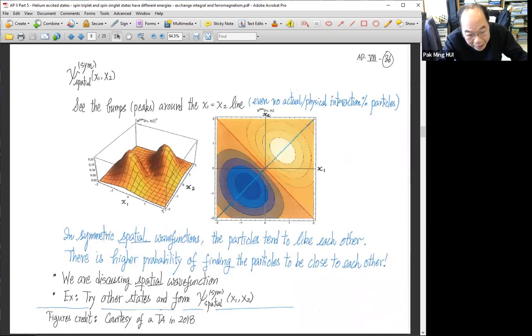This is the x1 axis, this is the x2 axis, this thing is the third axis. In particular, take a top view. Using a color so-called contour plot, the top view will look like this. This is the wave function. This is the wave function squared.